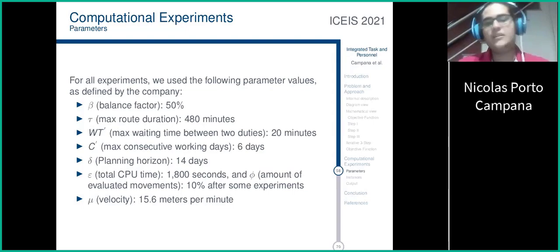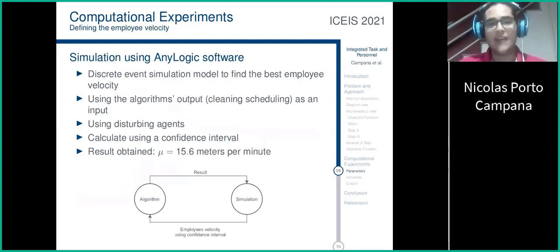And how did we get this value of 15.6 meters per minute? We created a discrete event simulation model to try to find the best employee velocity. We used the algorithm output, the cleaning schedule of the second step, as an input for the simulation.